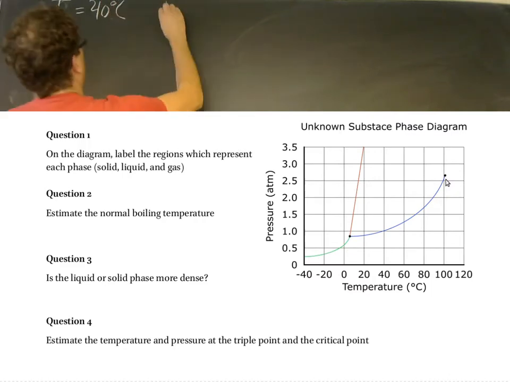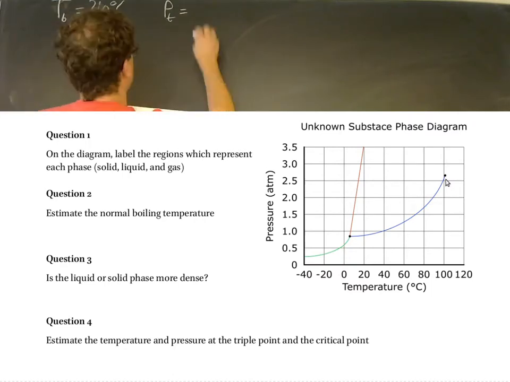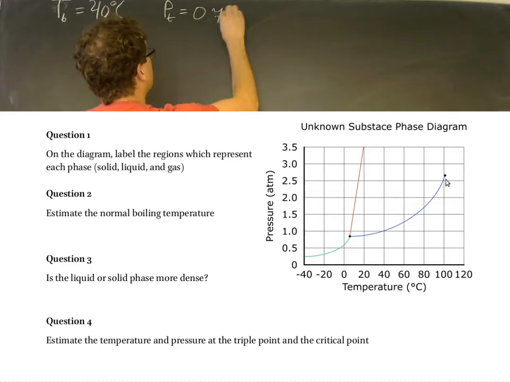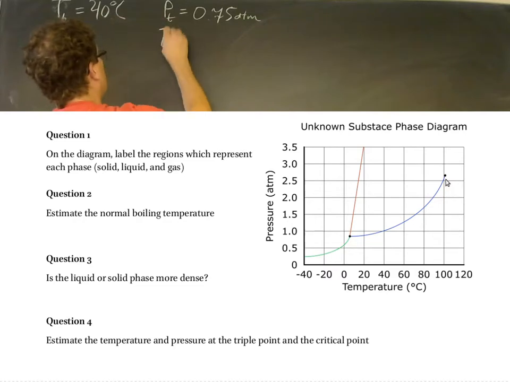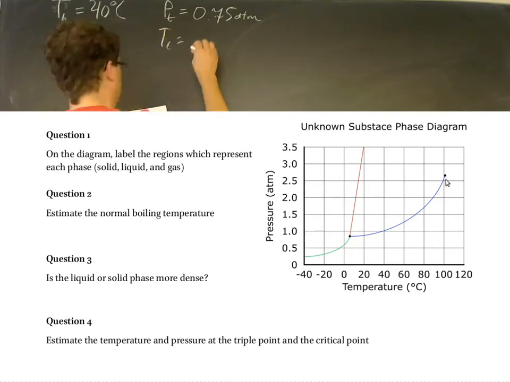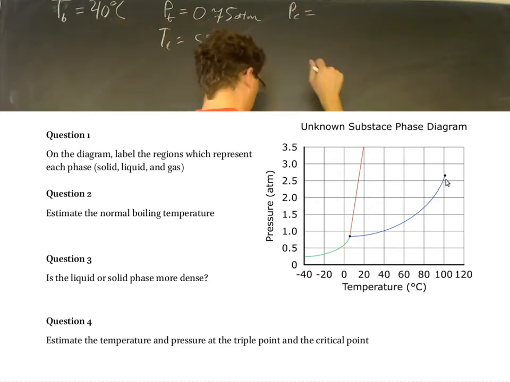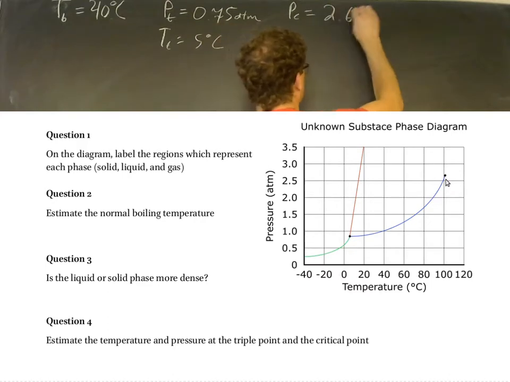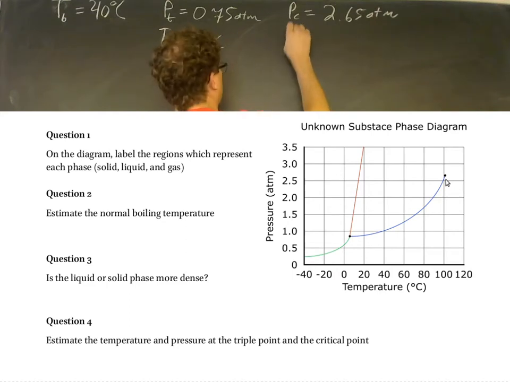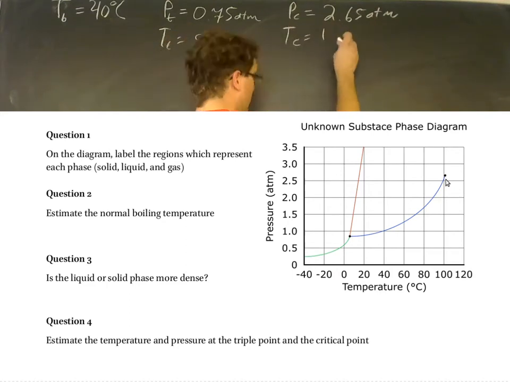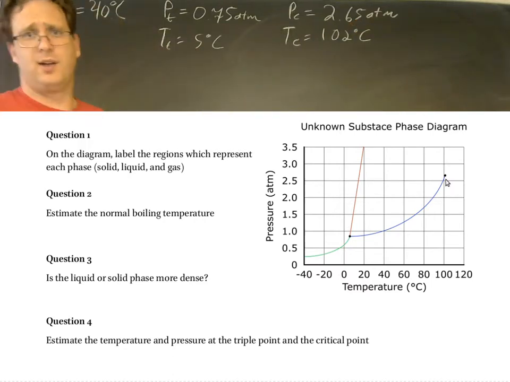Then we'll say the triple point pressure is equal to 0.75 atmospheres, and the triple point temperature is 5 degrees Celsius, and the critical pressure is going to be 2.65 atmospheres, and the critical point temperature is going to be 102 degrees Celsius. Those are kind of the important data points.